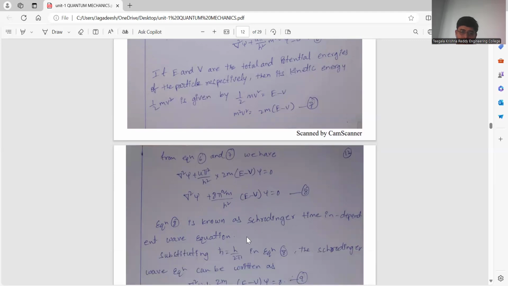Equation 8 is known as the Schrodinger time independent wave equation.